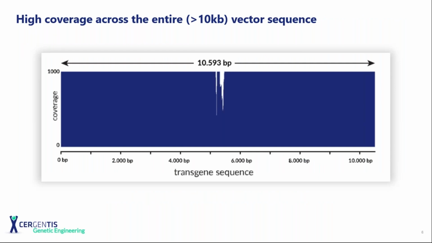The coverage for TLA is very high across the vector sequence, as the TLA templates that we generate in our protocol have a very high density of the vector sequence, which are subsequently amplified using the inverse PCR reaction. But also have a very large coverage in the surrounding genomic region, allowing you to capture that information as well.